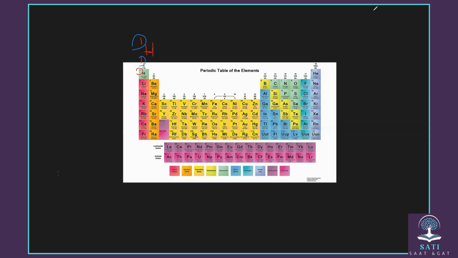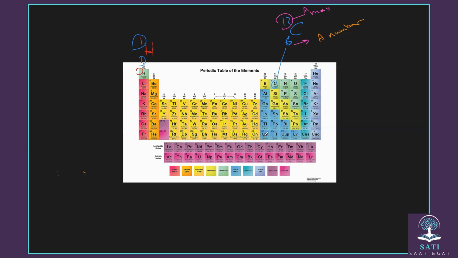We're going to take carbon, for example. How do you write it? We write it like 12, and here is 6. What does each number represent? The number that is up represents the atomic mass, and the number that is down represents the atomic number.